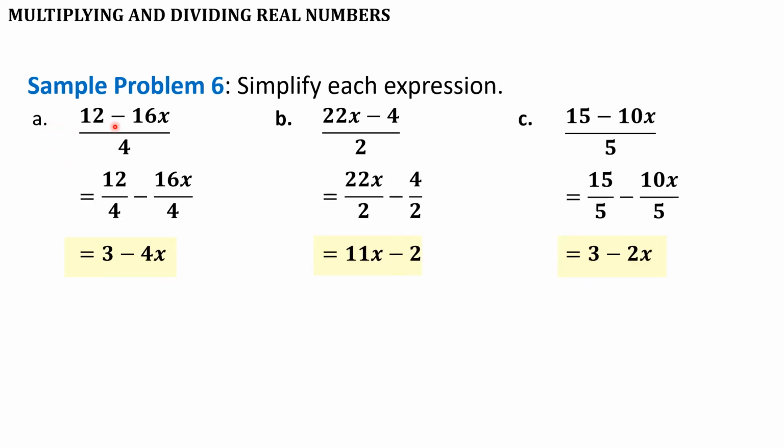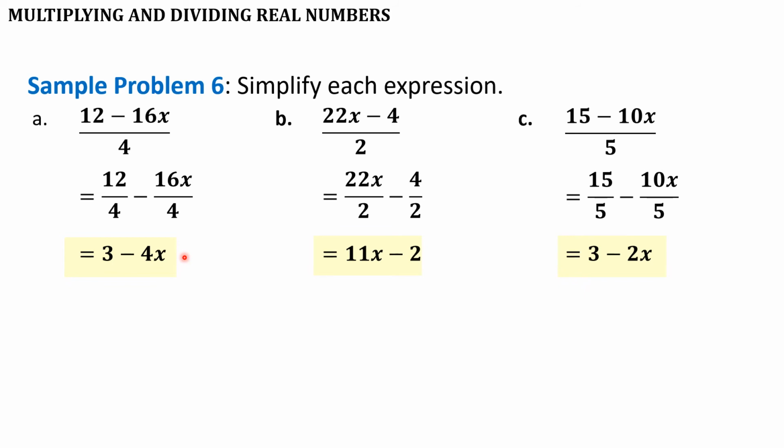So what we did here, we just separated our equations into two terms. We have 12 over 4, and we just passed that it's not a negative, that is a subtraction sign, and then we separated the other fraction. Now we divided here and here, and then we are left with that expression.